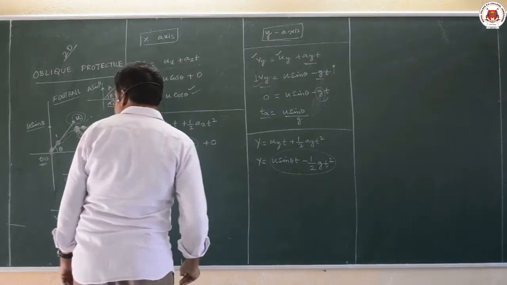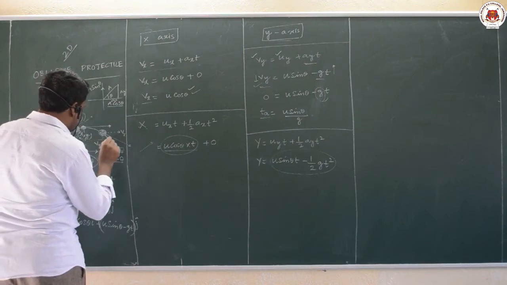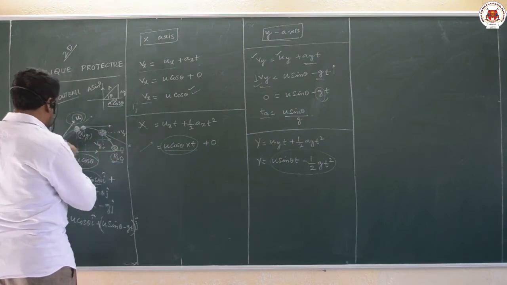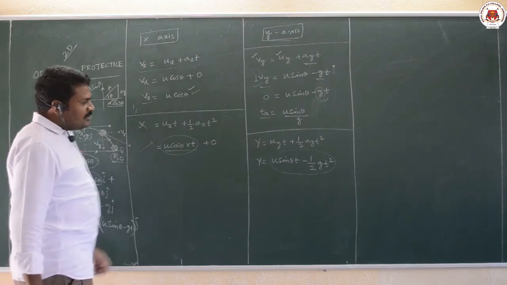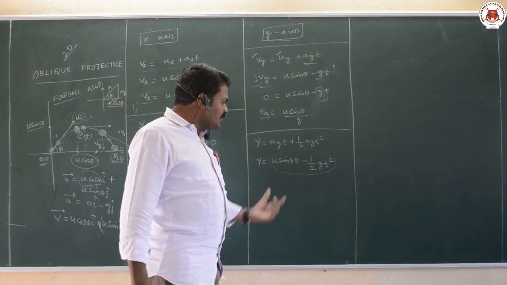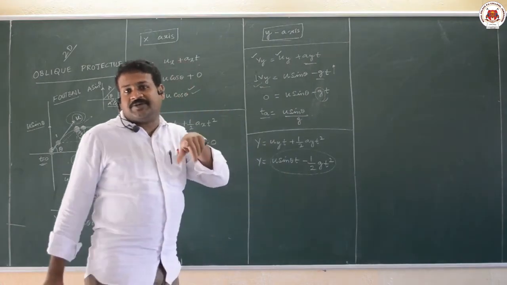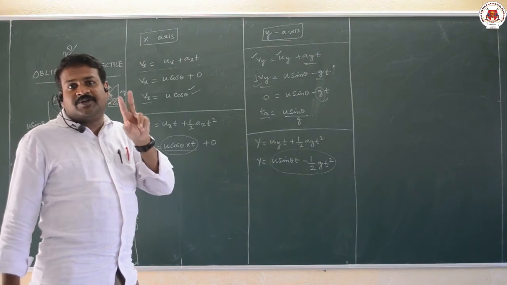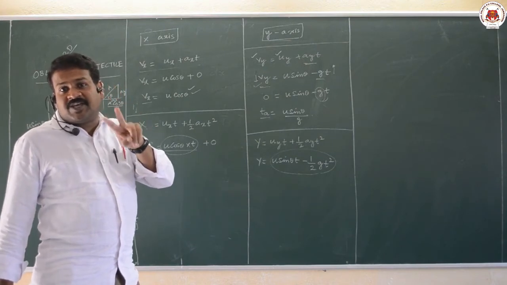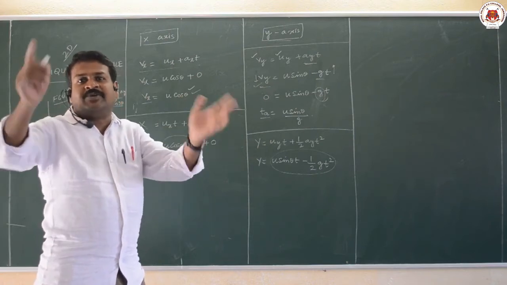For the same height, for the same value of y, the body reaches two times, one at time t1, another at time t2, because this has two roots. Therefore, for the same vertical height, the body reaches it two times, at two different times.